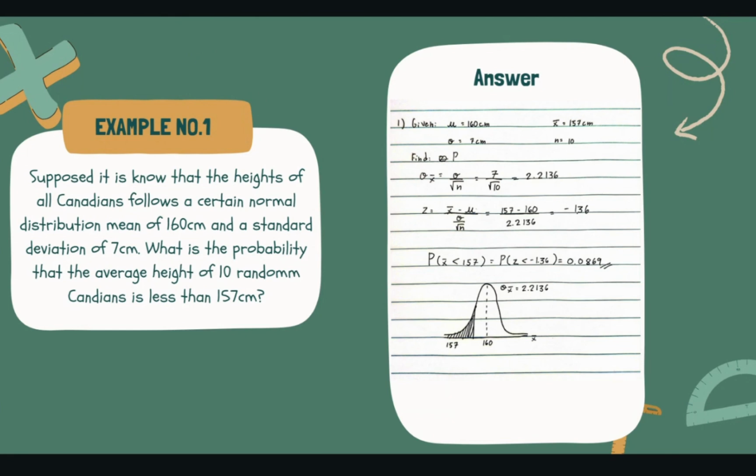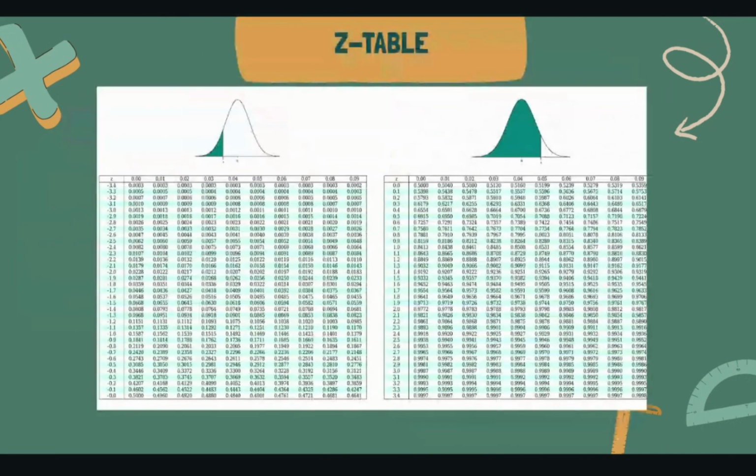So how did we get the 0.0869? We will go back to our Z table. Our answer for the z score is -1.36.